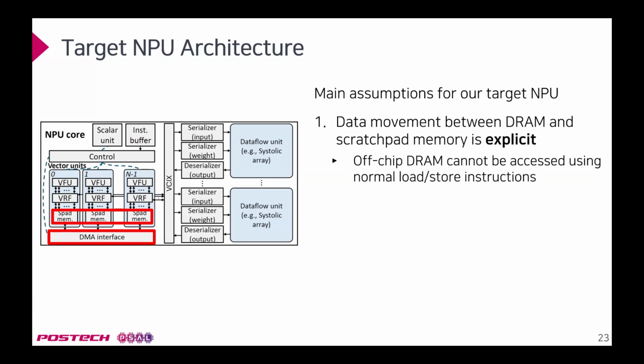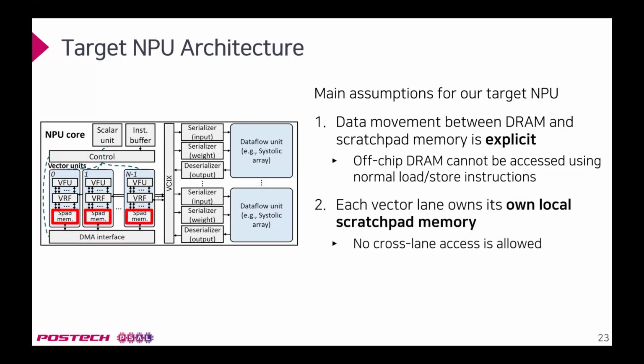And this means that the compiler is responsible for issuing DMA instructions to access external memory. And if you look inside the vector unit, you will notice that each lane has its own independent local scratchpad memory. And this implies that each lane must operate strictly within its own dedicated memory space. And finally, all of these lanes operate simultaneously in a lockstep manner.